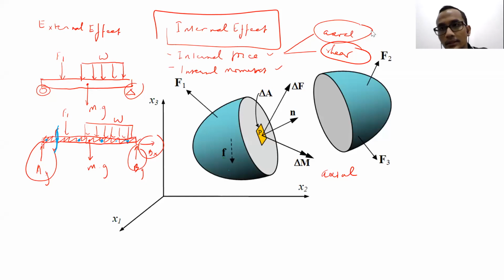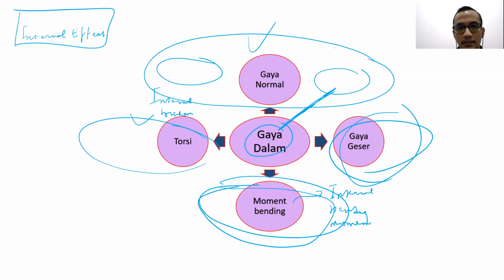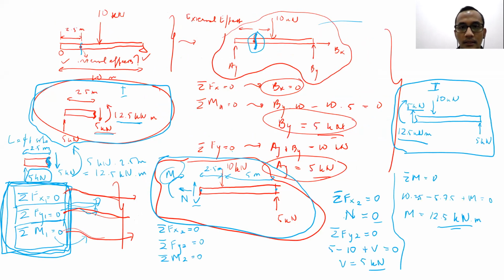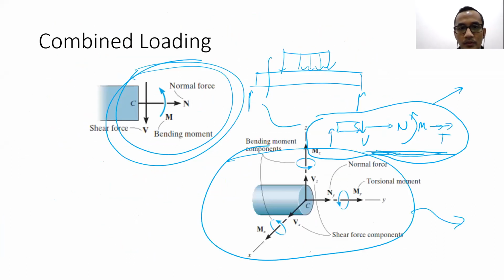Now I will start the discussion for today's class. Up until today, we have discussed the internal force, which is happening at one particular point, and the internal force distribution and moment distribution as well.